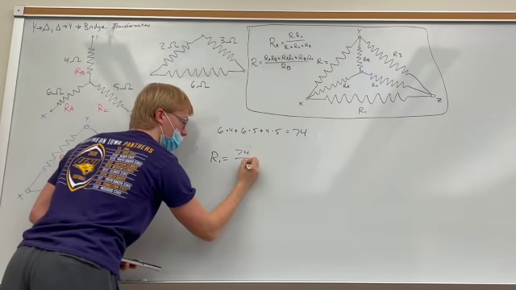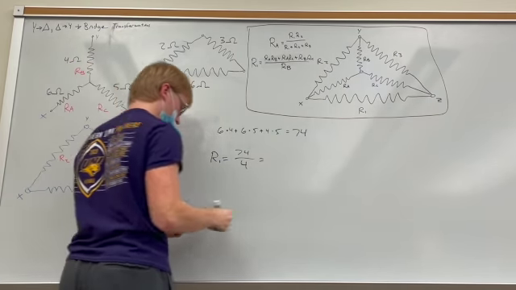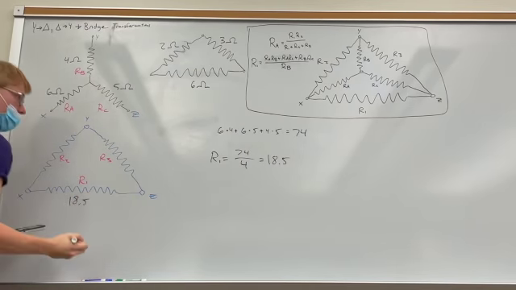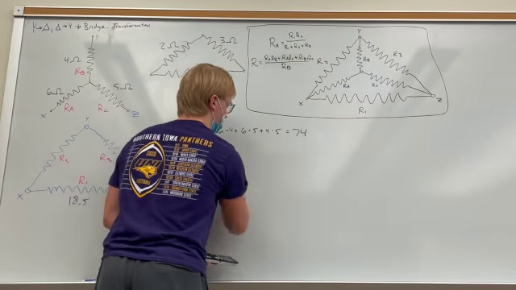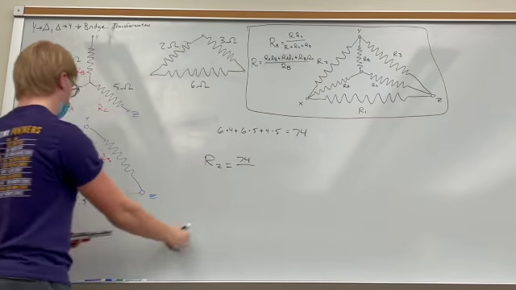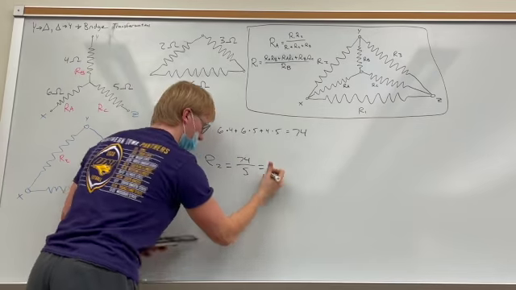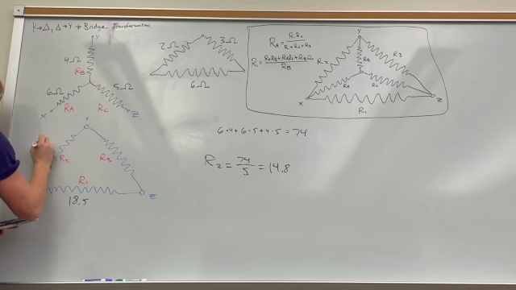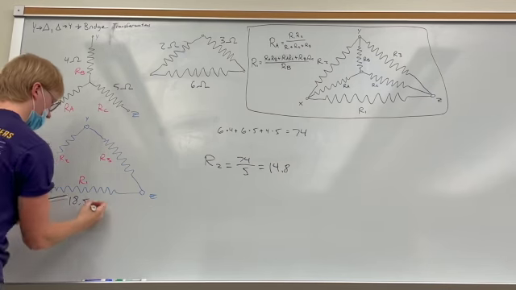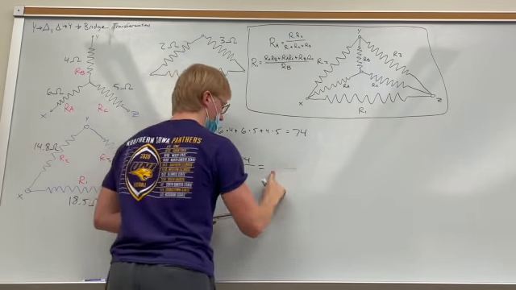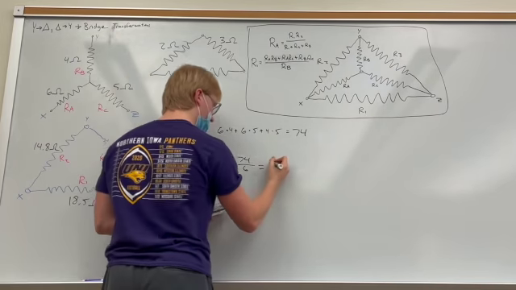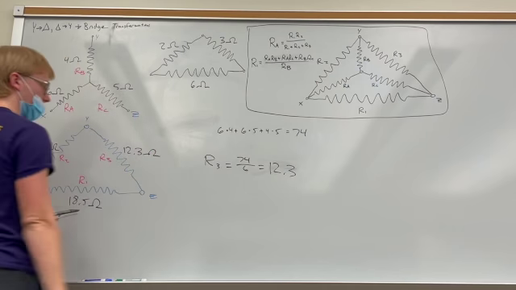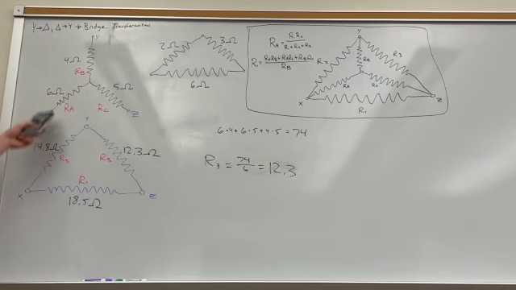So we're basically collapsing. Let me give you some equations here. That's how you convert from a Y to a delta.